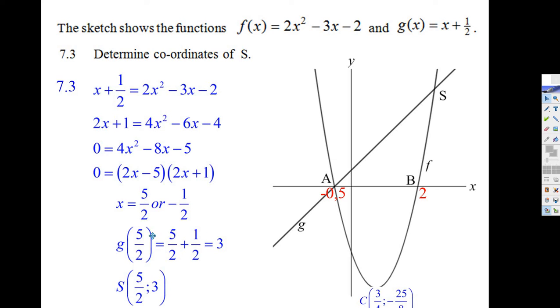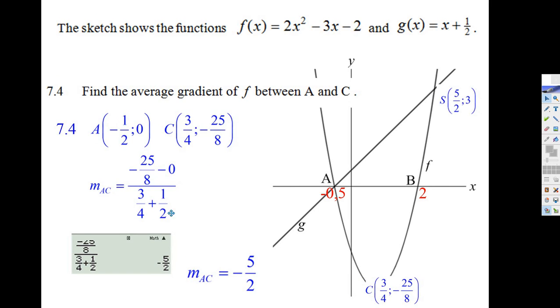So there's your y coordinate. Just take the 5/2 and put it back into the easy function. You could put it in this function, and you'll also get 3. At 5/2, the y value would be 3. And there you have it, there's the coordinates of S.